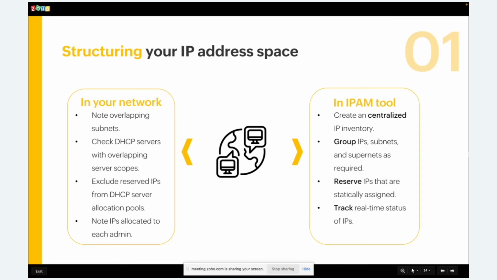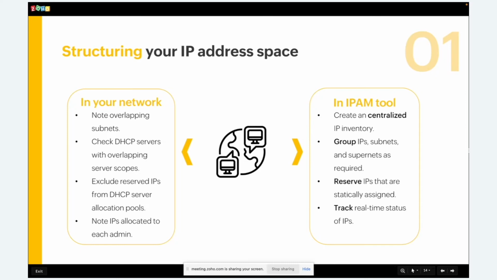Then reserve IPs that are statically assigned in your IPAM tool. This is very, very important. Like we've discussed thus far, this helps you make sure you implement your static IP allocation and dynamic IP allocation effectively without any conflict. Whenever any IP is being statically or manually assigned, make sure that it is marked and shown in your IPAM tool and in your DHCP tool.